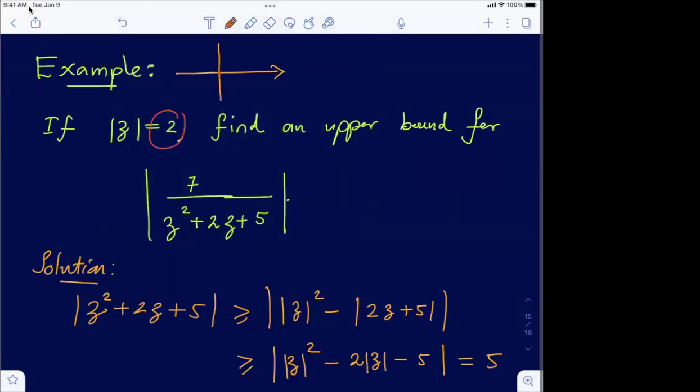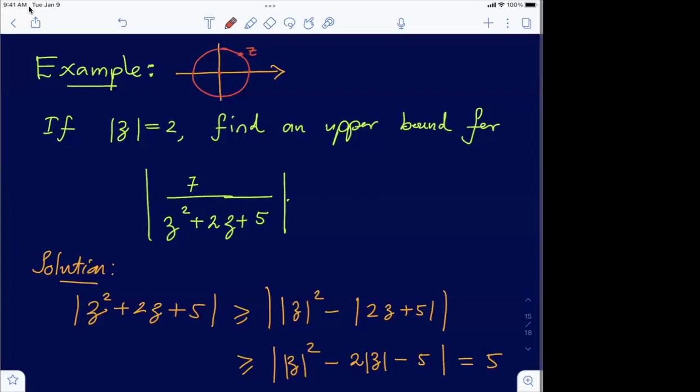That distance is going to be 2, which simply means it is going to be a circle. And this complex number z is sitting on the boundary of that circle, right? So it is exactly one of the boundary points.